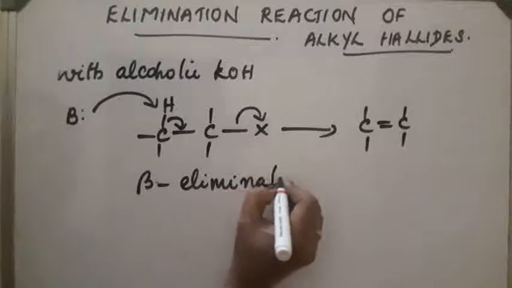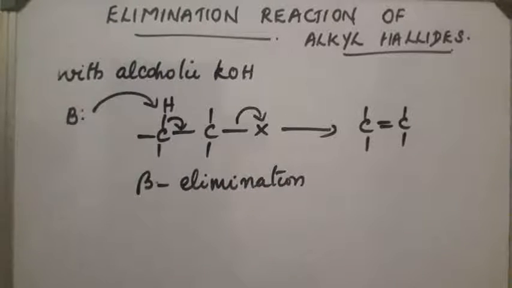In some cases of elimination, more than one alkene is obtained, of which one will be the major product and the other the minor product.